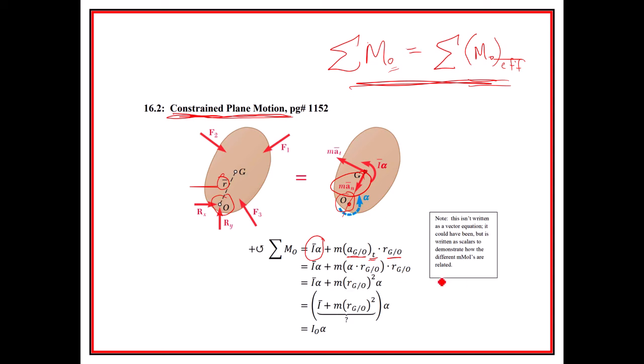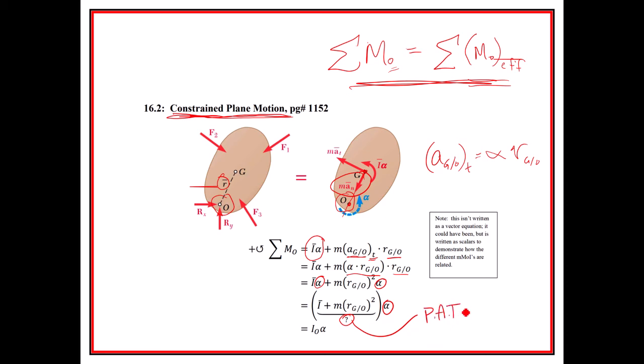But we also know from kinematics, with this pinned arrangement, that the tangential acceleration of G with respect to O is alpha times R of G with respect to O. So we can replace that, and we have two R of G with respect to O factors. Moving alpha to the outside, what we're left with is the parallel axis theorem.